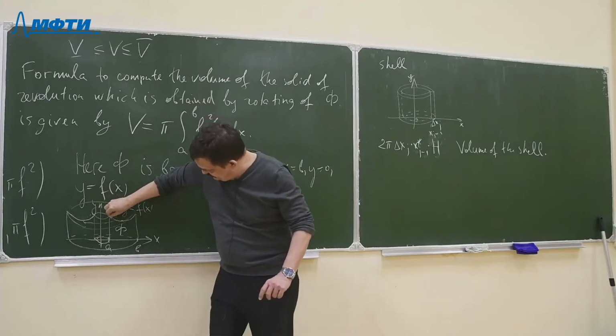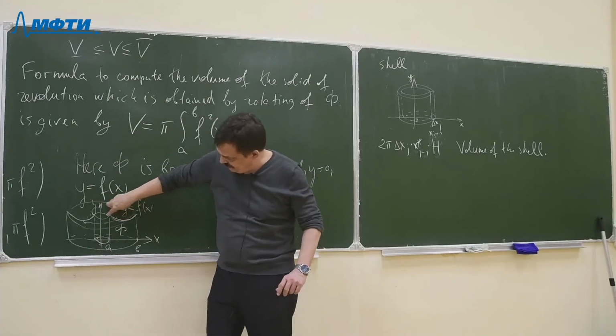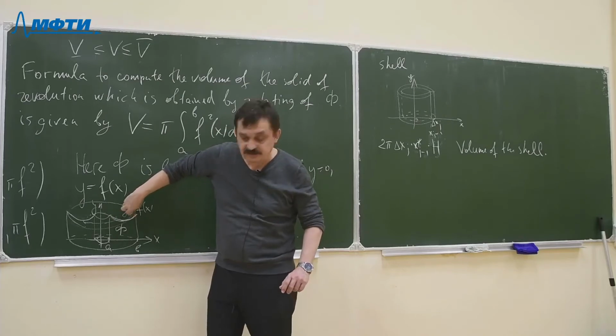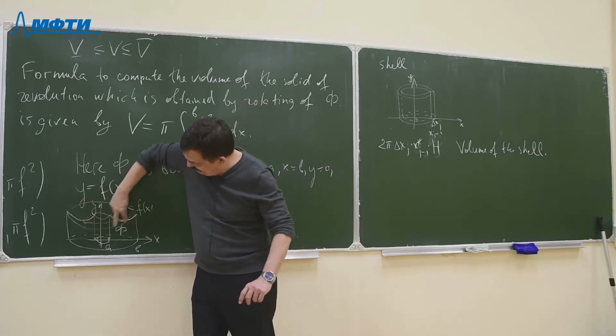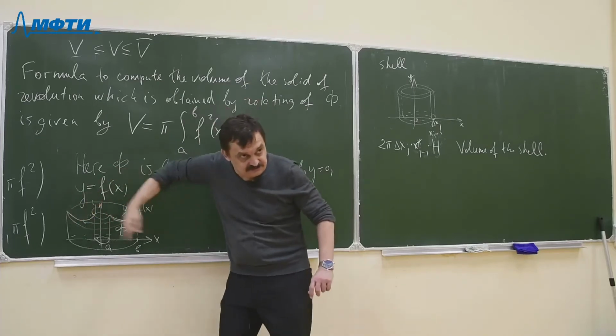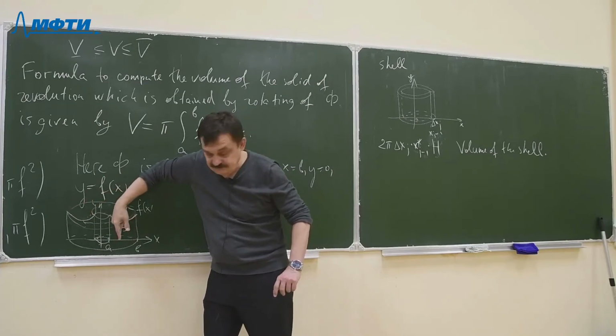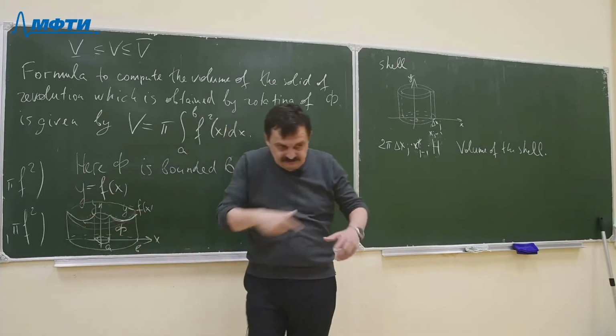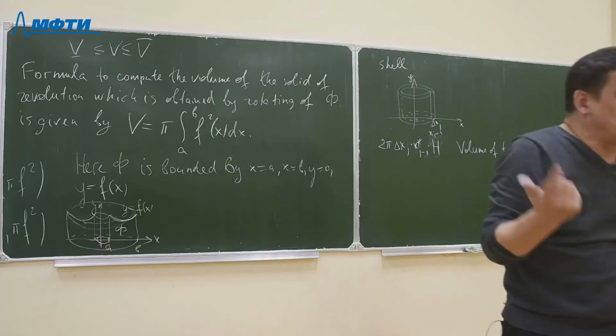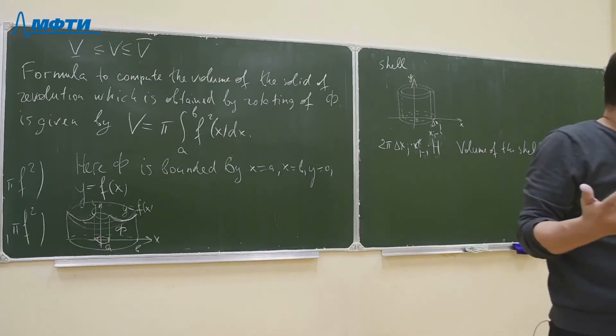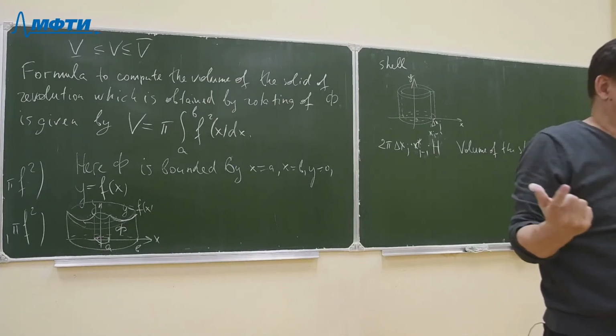So we have this curve, right? Our graph of our function. And we rotate the curve about the y-axis. Then we obtain this solid of revolution again, right? But it is formed in another way.